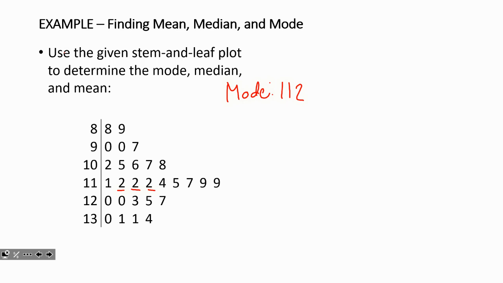Now, working off of that, how do I move on to the median? The nice thing about stem and leaf plots is the data is already in order from least to greatest. This data goes from 88 to 134. When we do the median, we're going to mark numbers out as we go until we get to the middle. Starting with 88, we mark that out, and we also mark out 134.